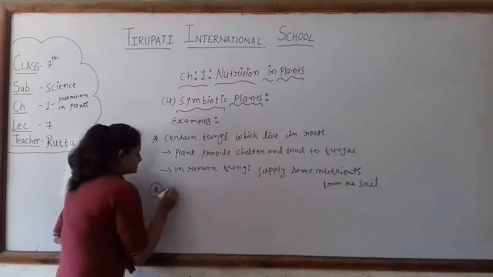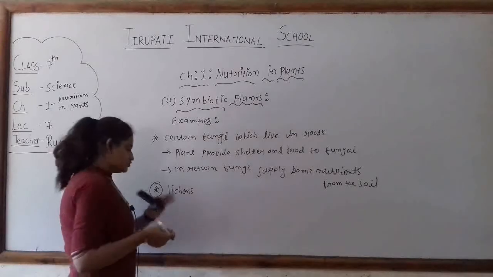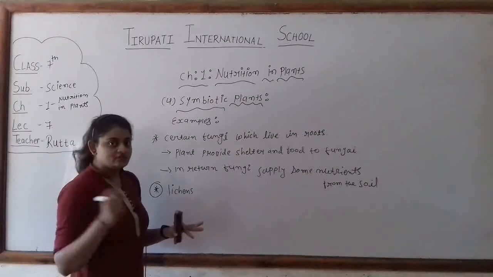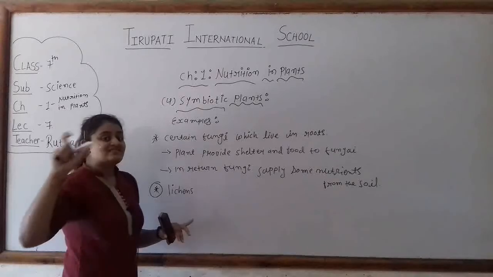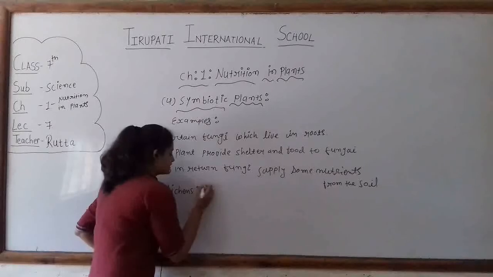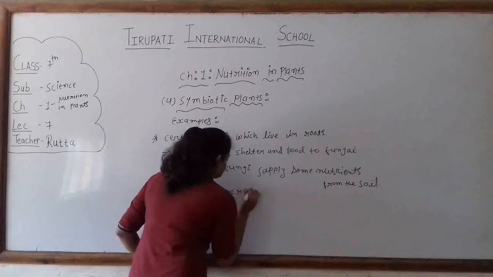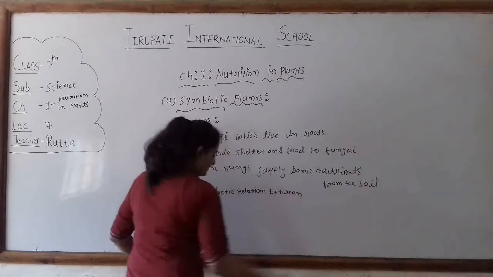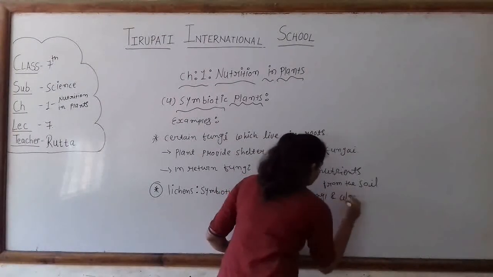Then the second example is lichen. Lichens are shown on the stems of plants. They are green in color. Lichen is a symbiotic relation between fungi and algae.